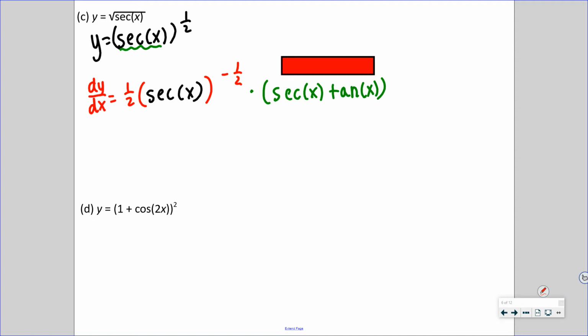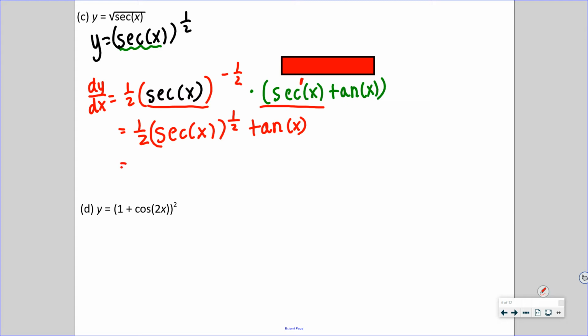All right, a couple things we could do here. When we multiply these together, because this is really like secant to the first power, we could just add the powers together. So negative 1/2 plus 1/2 would give me secant of x to the 1/2.